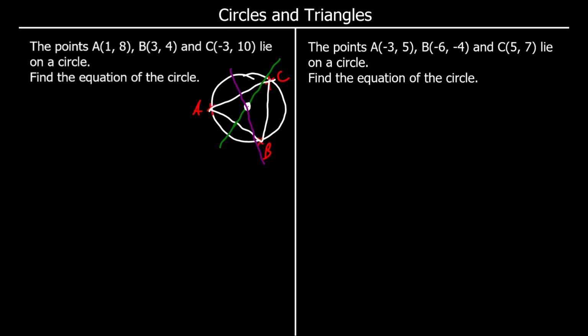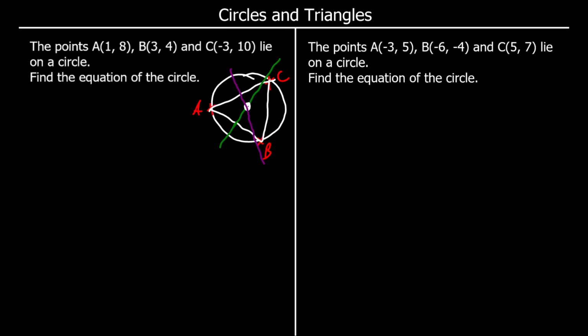So where those two lines meet will be the center. So we can find the perpendicular bisector of one line and of the other line, solve them simultaneously to find their intersection, which will be the center, and then we can go to the equation of the circle using the center.